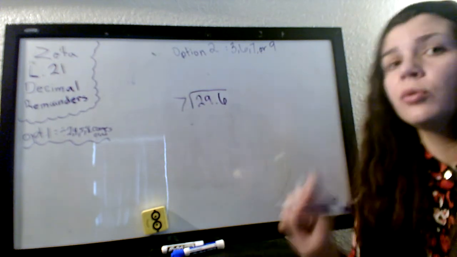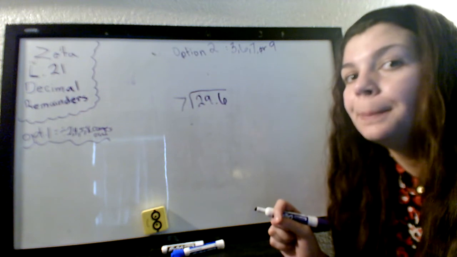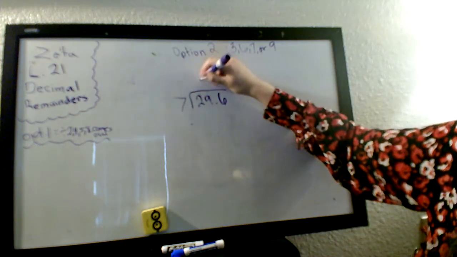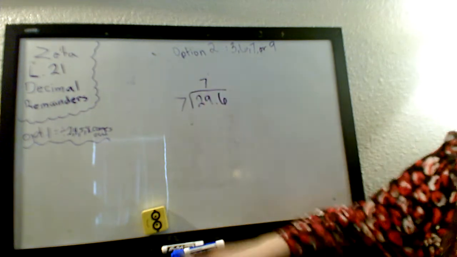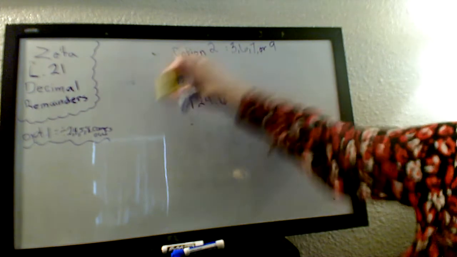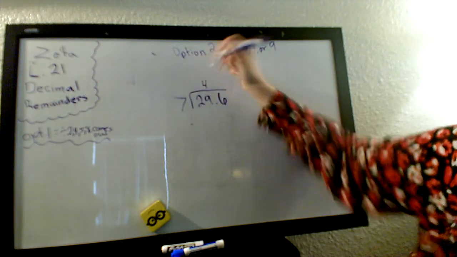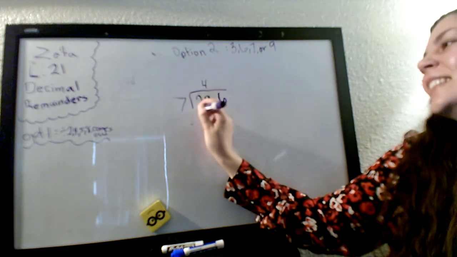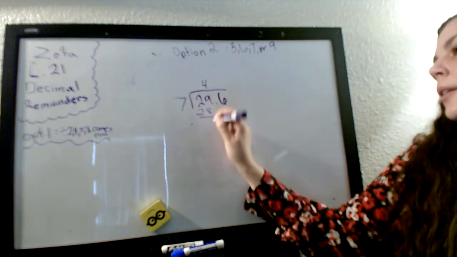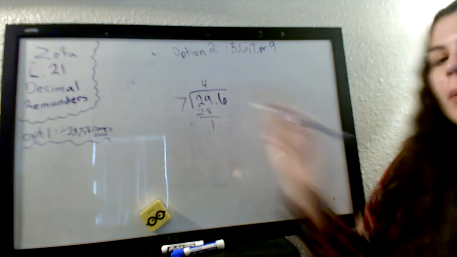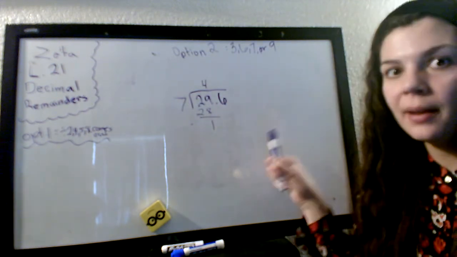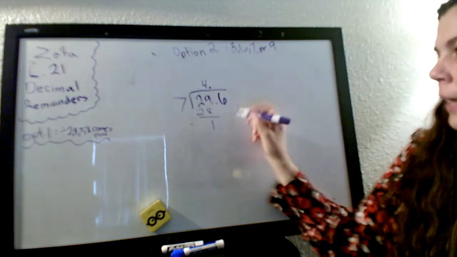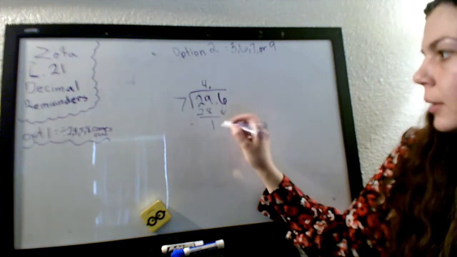How many 7s go into 29? 7 times 7 is... Nope, that's not it. 7 times 4. Oh, 7 times 4 is 28. 1. Oh, I've hit my point. What do I need to do with it? Shoot it up to the top. Now I can bring down my next number.